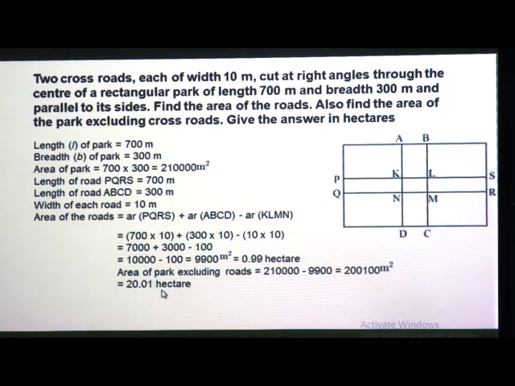It is the area of the park excluding the road. This area, this area, this area and this area together is 20.01 hectare. Hope, my dear student, you have understood this.